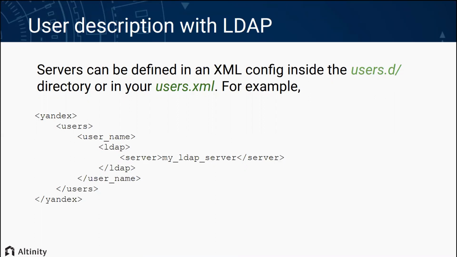Then you can restart your server. Anytime users now specify the password, a request will be made to the LDAP server, which will either verify or reject the password. And if it was rejected, then the user will not have access to ClickHouse.